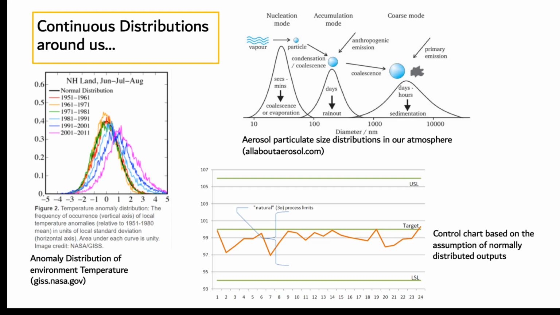The example at the bottom right is a control chart, and this diagram is very useful for detecting deviations from the control state, which is indicated by the exit of the process behavior from the normal distribution. Of course, there are still many random variables around us that follow similar behavior.